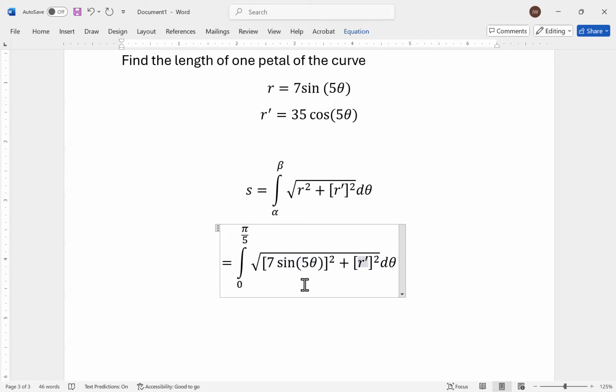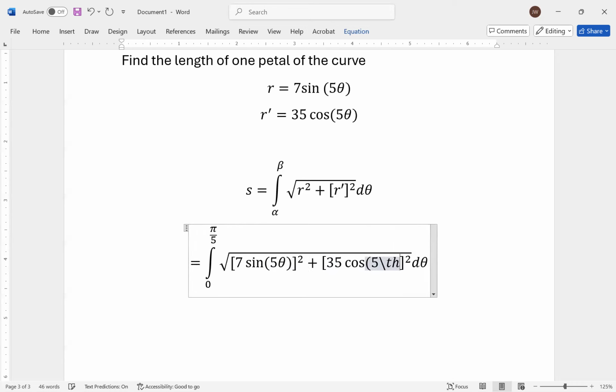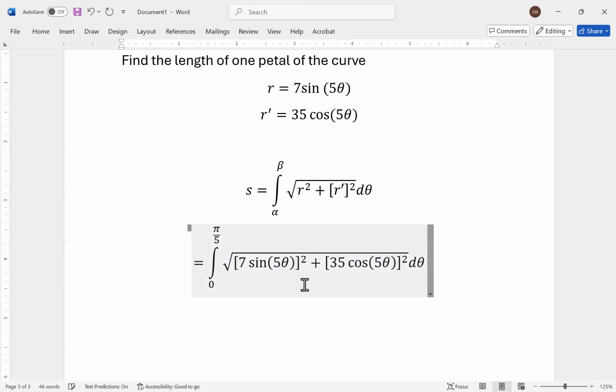R prime is going to be 35 times cosine of 5 theta, quantity squared. So that's the arc length. And then that's something I'd probably just type into my calculator, which obviously you could try to do some simplifications.